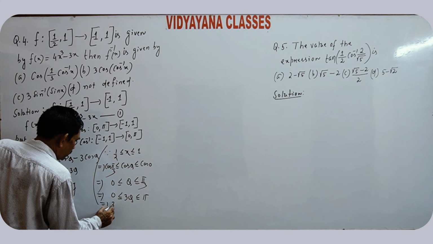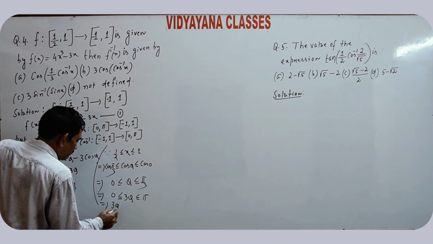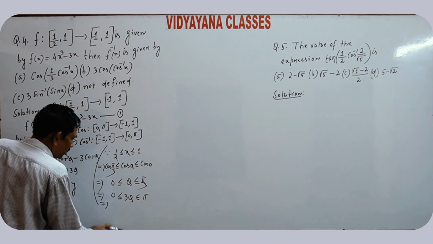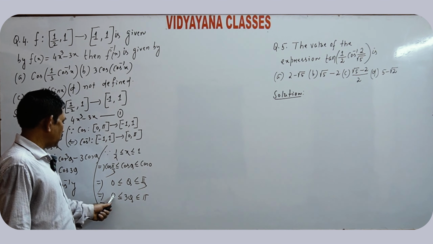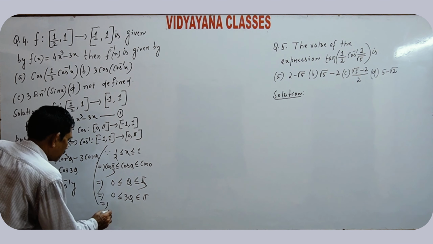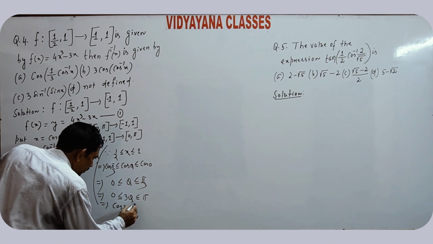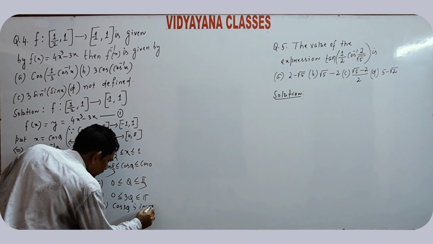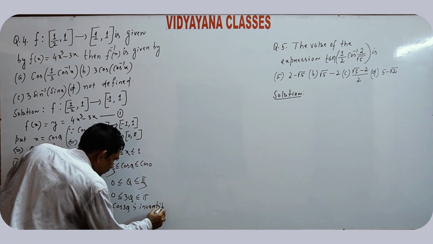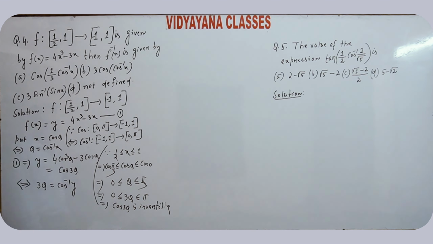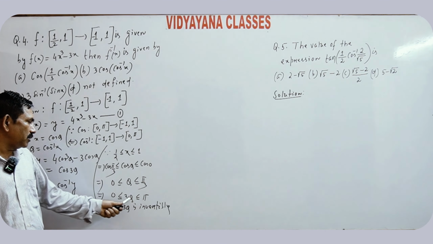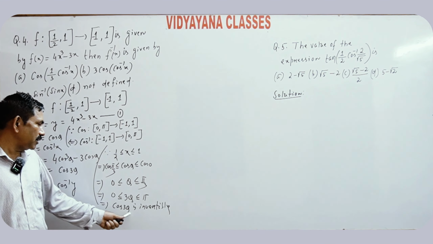Since 3 theta belongs to 0 to pi, cos of 3 theta is invertible. Since 3 theta is greater than or equal to 0 and less than or equal to pi, cos of 3 theta is invertible.